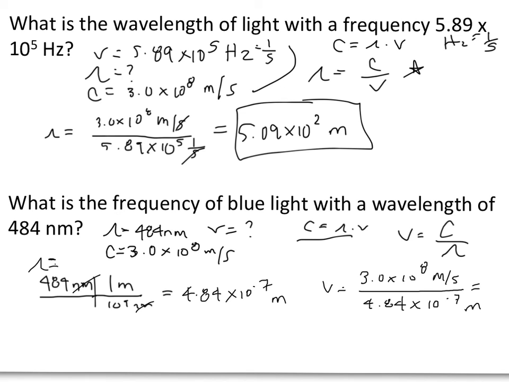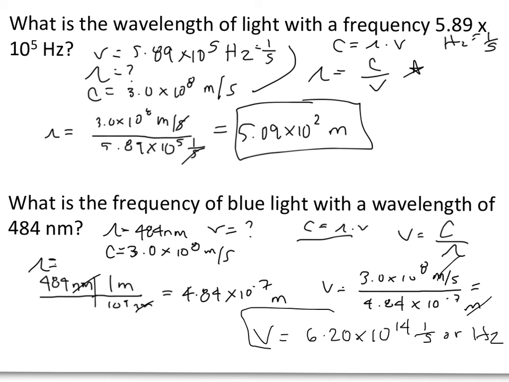And when I go ahead and plug this into my calculator, this is going to give me 6.20 times 10 to the 14th. And my units, the meters and meters are going to cancel, and I'm going to be left with inverse seconds, or you could express this as hertz. So my frequency is equal to this value and has these appropriate units.